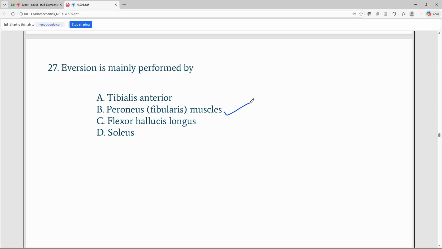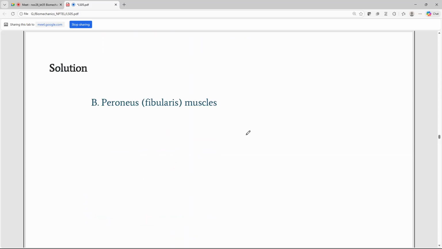Answer is option B, peroneus muscles or fibularis group muscles perform the eversion of the ankle.